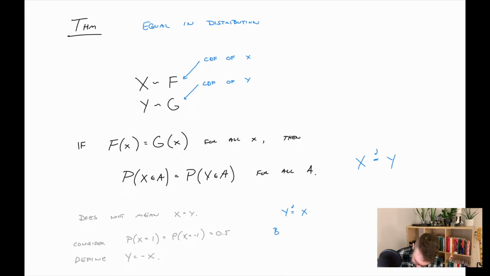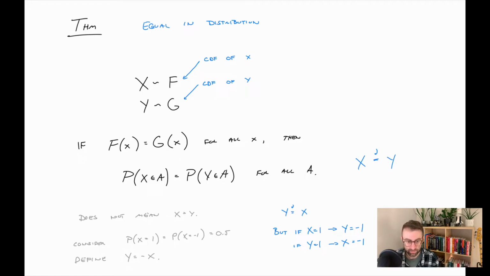But if we observe X and it's 1, that necessarily means Y has to be equal to -1. And if Y is 1, then X is -1. So they never take the same value at the same time, but the probability that X is equal to 1 is equal to the probability that Y is equal to 1. Something to keep in mind.